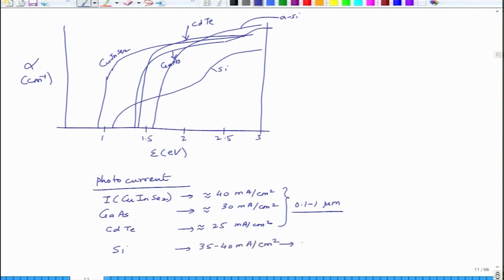That is obtained at a thickness of nearly 100 plus micron. So you can see that the amount of material used is 100 times higher, and this is a major deterrent, and this is a major motivation also to make a thin film silicon solar cell.